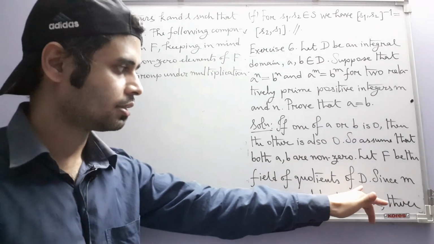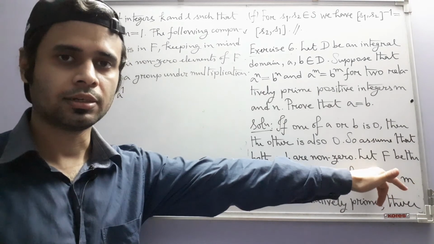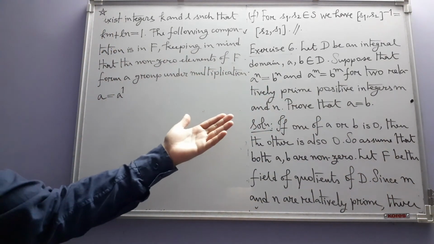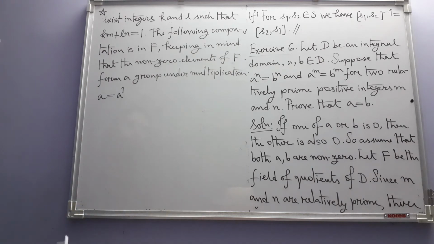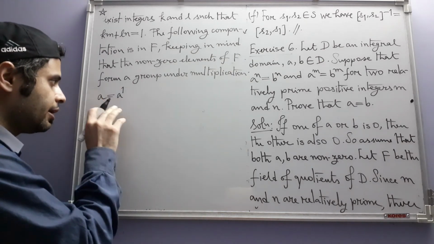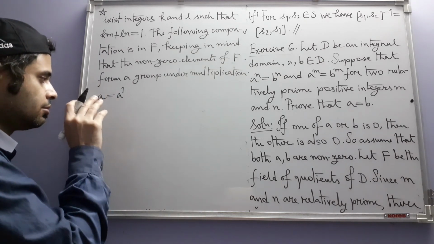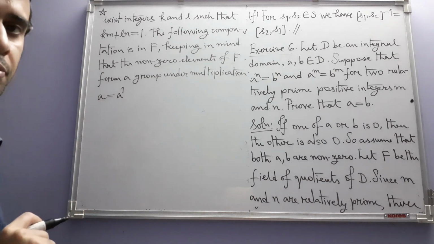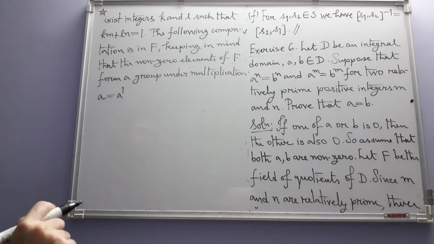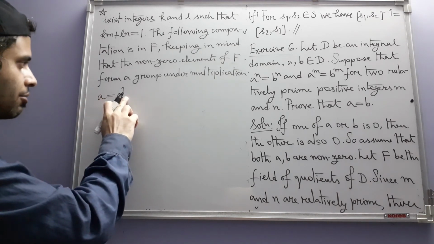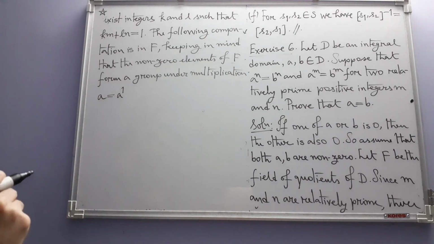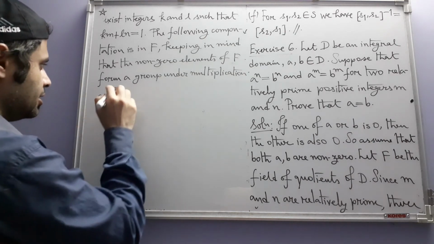But since the integral domain can be embedded into the field, they can be regarded as non-zero elements in the field. So both A and B belong to the group of non-zero field elements under multiplication, and because of that the integral powers of group elements and the laws of exponents can be applied here. That's why we need this.